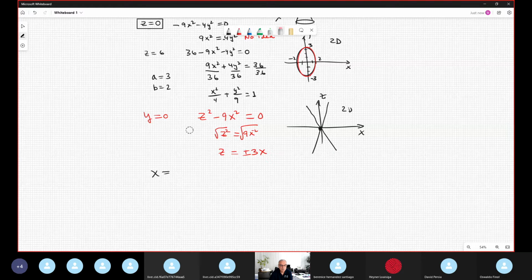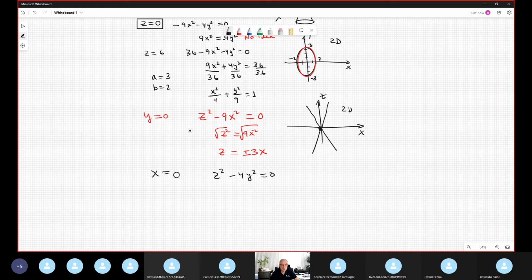For x equals 0, it is z squared minus 9 times 0 minus 4y squared equals 0. So this is z squared minus 4y squared equals 0.